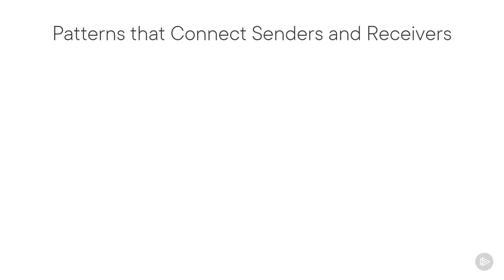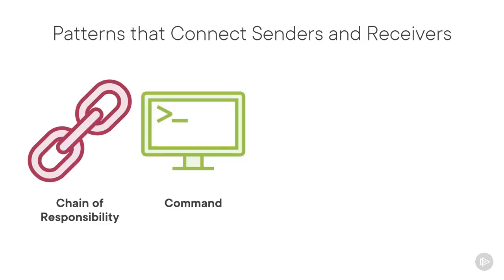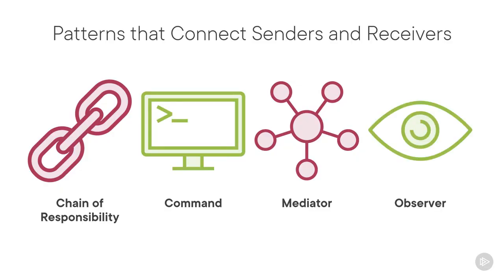When we look at some of the other patterns in this course, we find others that connect senders and receivers of requests. In that regard, chain of responsibility, command, mediator, and observer are all related. If you watched the module in which we tackled the command pattern, you probably remember this slide. Chain of responsibility passes a request along a chain of receivers that can be defined at runtime until at least one handles it.